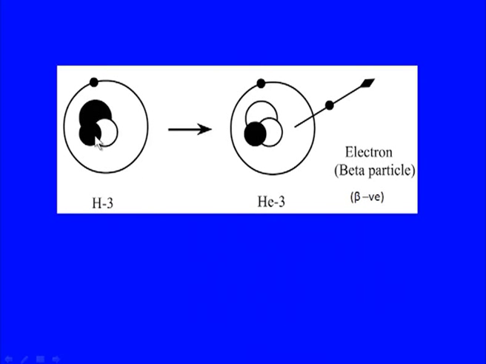You can see there are 2 neutrons and 1 proton, and now one of the neutrons is converted to a proton. So, there are 2 protons here. So, your atomic number has increased and there will be emission of a negative electron or beta particle. So, this was about decay by negatron emission.